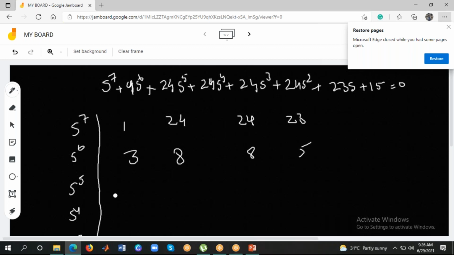24 into 3 minus 8 divided by 3. So you will get its value is 21.33. Let's find the second term in S power 5.